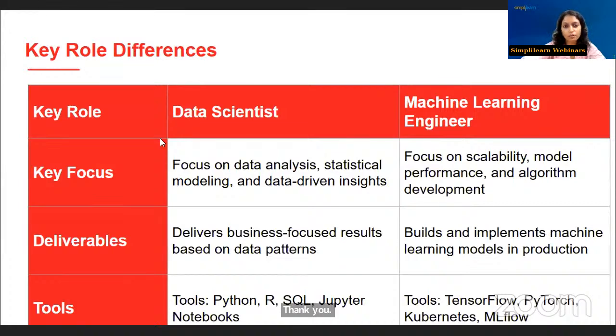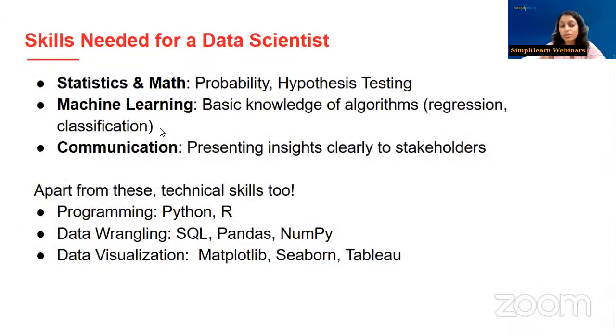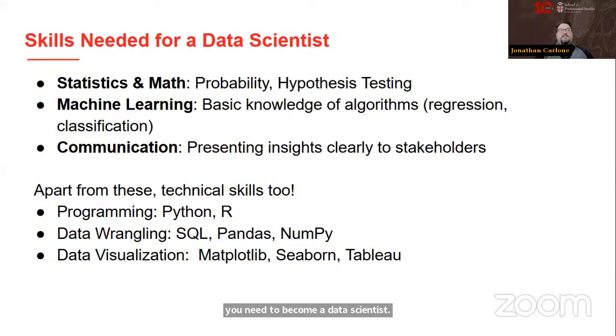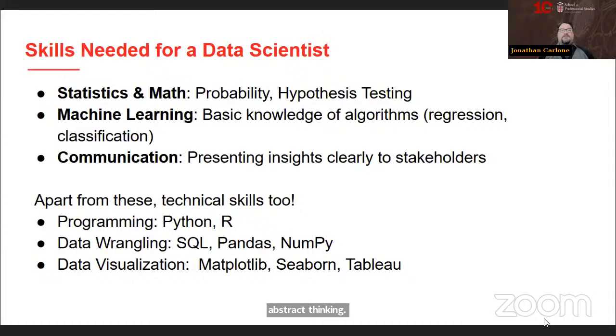Let's just understand now the skills that you need to become a data scientist. Yeah, the data scientists are going to be looking at lots of math and statistics, probability, hypothesis testing, really looking at that kind of abstract thinking. Machine learning, you're looking at basic knowledge of the algorithms, the classification, the regression, communication.